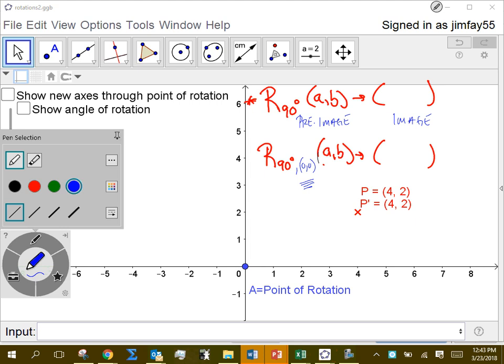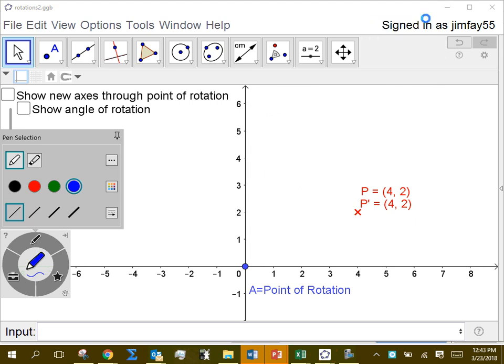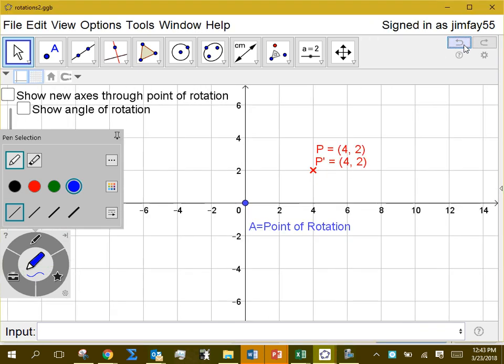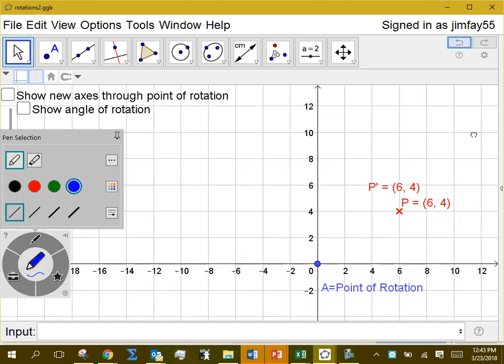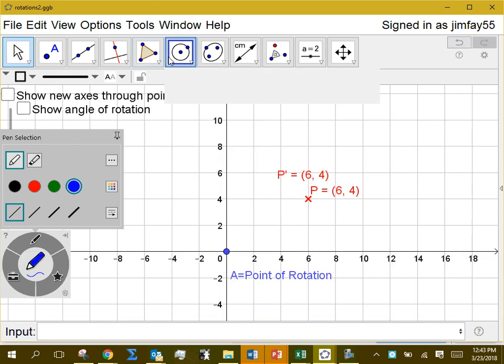Okay? If I go, for instance, let me see if I can get back to that circle that I had in here. I guess I'm not going to be able to.